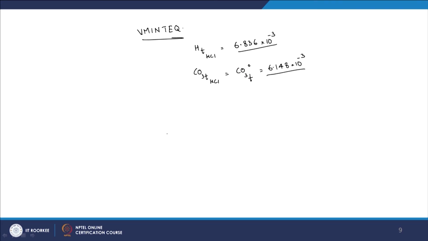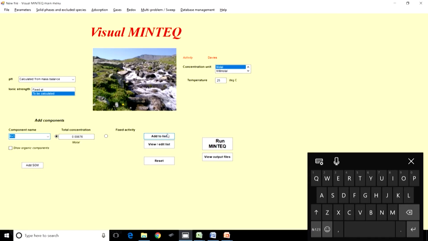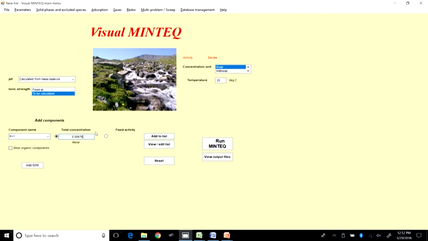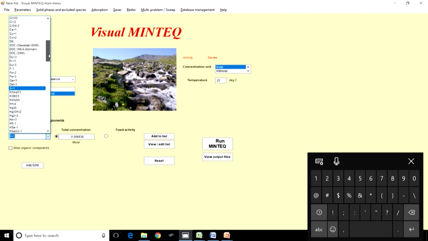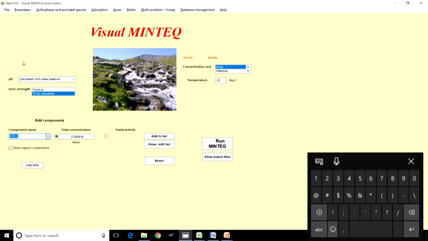Okay, H total is 6.836 into 10 power minus 3, right. So, let me plug this in, 6.836. Right, okay, and next I need to edit the CO3 total, and I need to first have that particular component here, CO3 total.